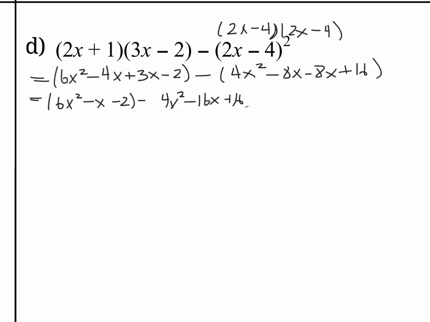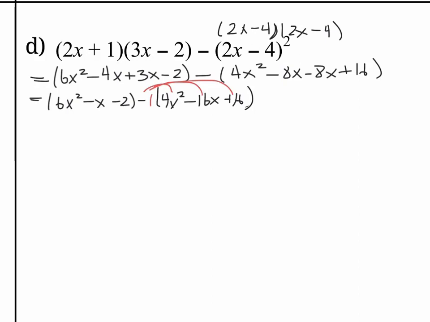That means that this negative only applies to this 4x squared. That's just not true. That negative 1 is going to multiply by everything inside this thing, and this thing is equivalent to this guy here. So you've got to make sure you carry those brackets through. And now what we're left with is multiplying this monomial of negative 1 times everything in the bracket. And then we can start collecting like terms.